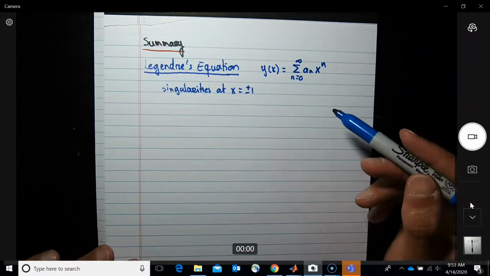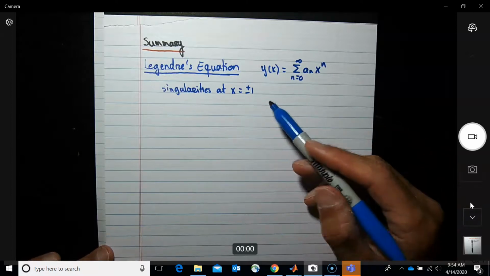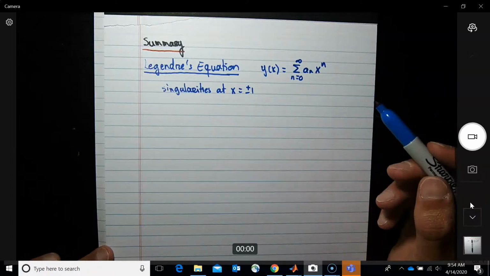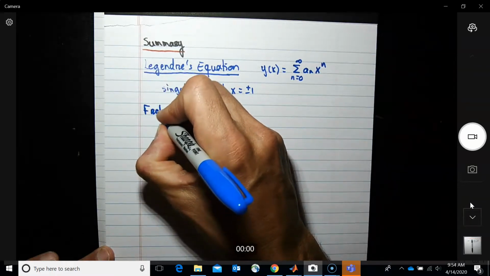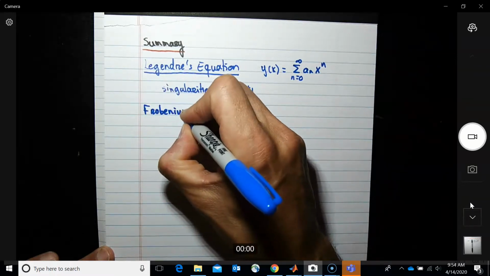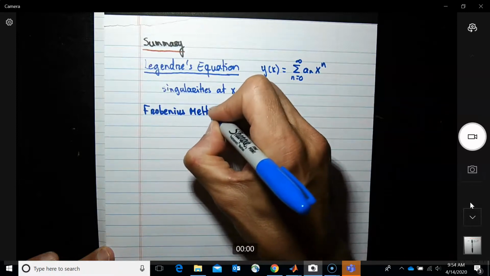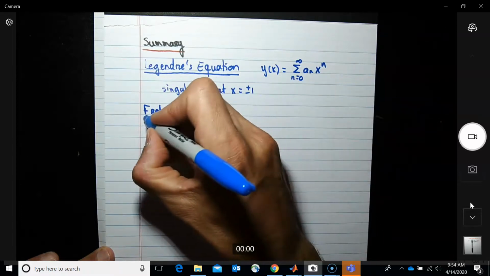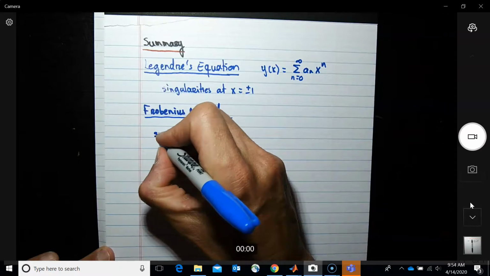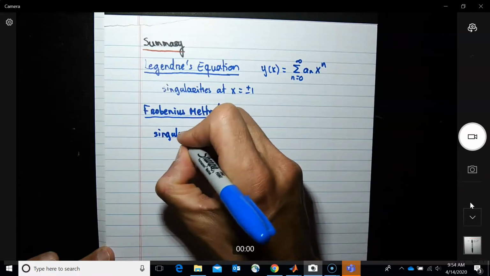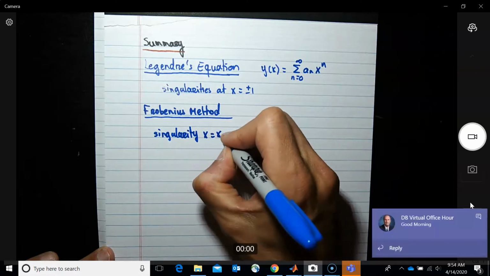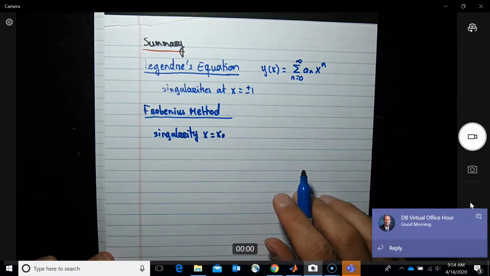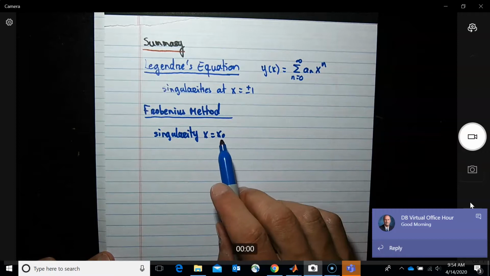Then we said, okay, what happens if you have a singularity at another point? If you have a singularity at another point, then we look at the Frobenius method, which basically means that the singularity will happen at a point x sub naught. In our case it was always at x sub naught equal to 0.